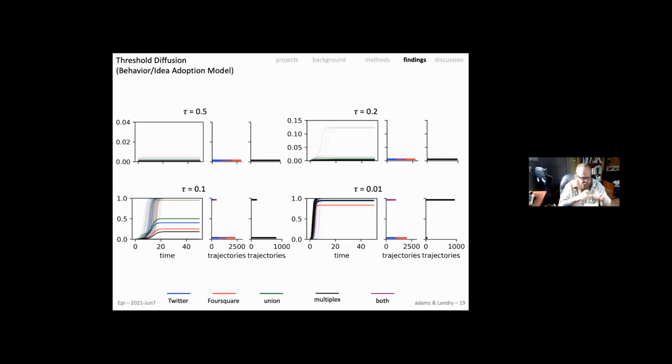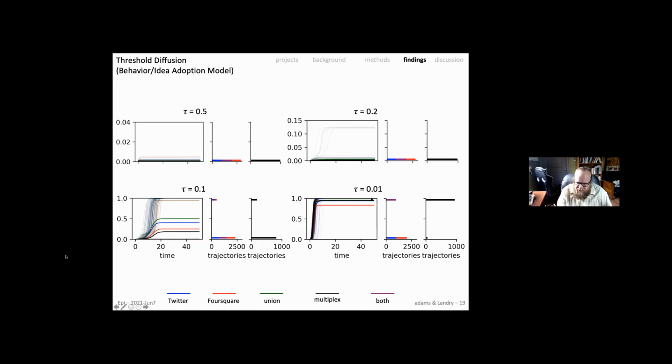We're spending some time focusing around this 0.1 threshold to see where the inflection points arise, and where the diffusion process takes off and where it plateaus, and at what speed with what thresholds. But the main point is that if I zoom in on these, and I will in the next slide, you'd see that the overall pattern of the green being above the red and the blue and the black, or the union being above the multiplex, holds for these higher levels. It's just spreading to a much lower proportion of the population.